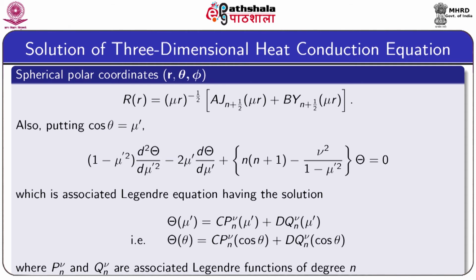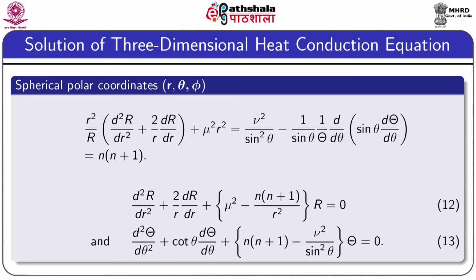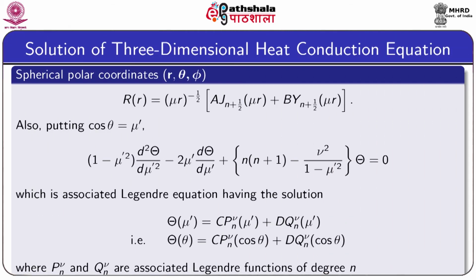Now, if we go back to the theta equation, written in equation number 13, to solve this equation we substitute cos theta equals mu dash. In terms of mu dash, the equation is transformed to this equation, which is written here, and this is a very famous equation, whose solution is the associated Legendre function.